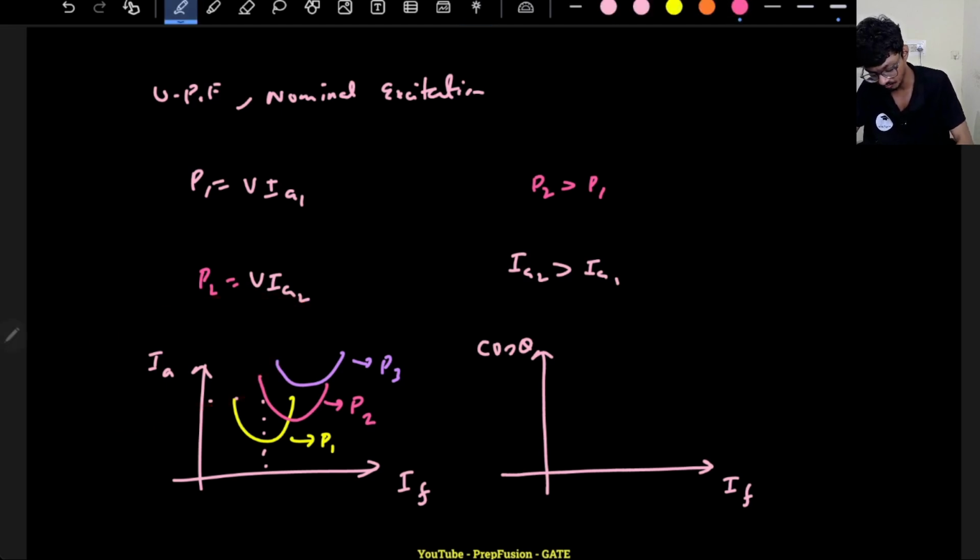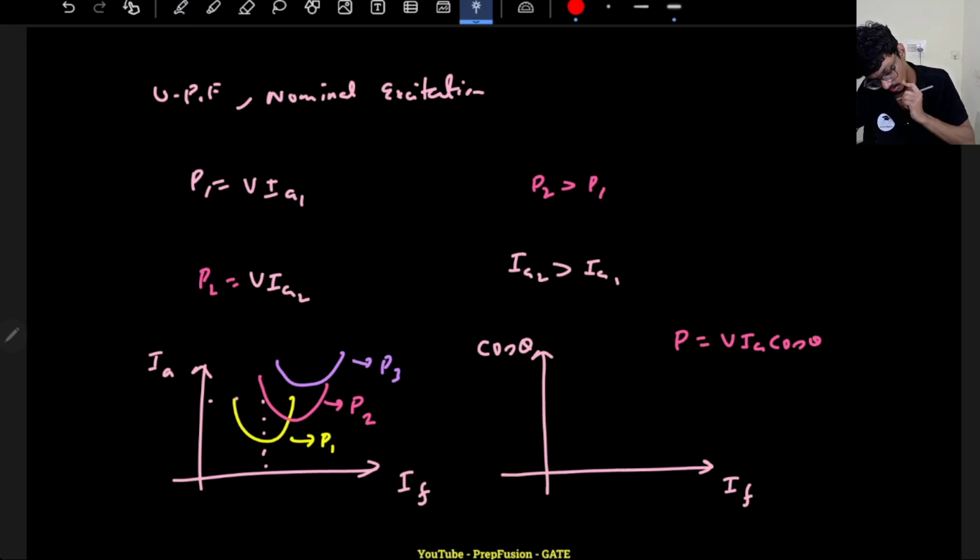For the power factor, how can I understand? Power is V into IA cos theta. So if I'm increasing my power, IA will increase at nominal excitation. I agree with you. So IA will increase at nominal excitation, so the graph will shift rightward.